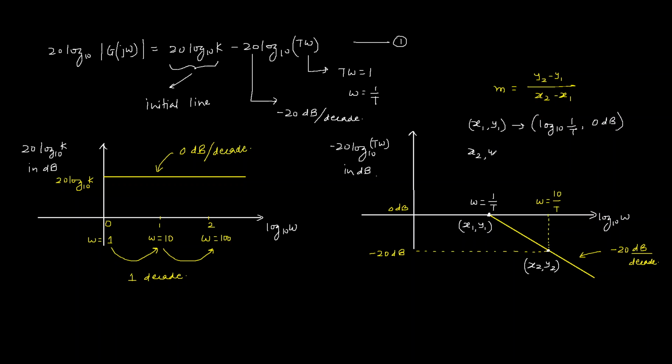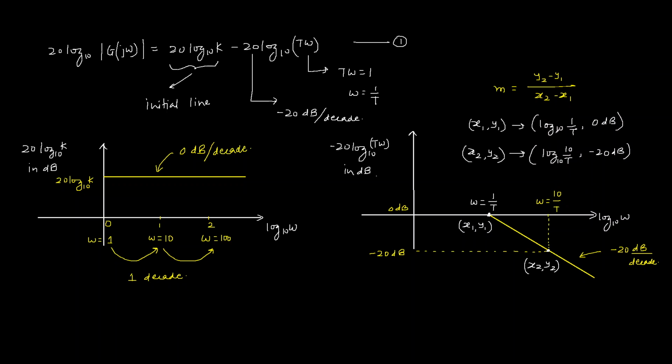And x2 y2, in x-axis we have omega 10 by t, so this is log 10 by t base 10, because x-axis is in log scale, and the magnitude here is minus 20 dB.